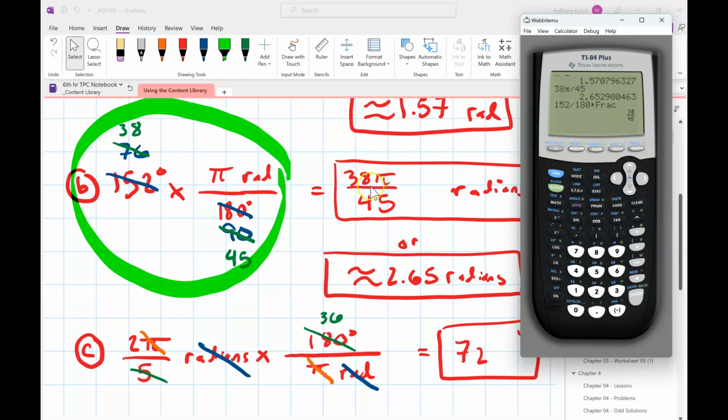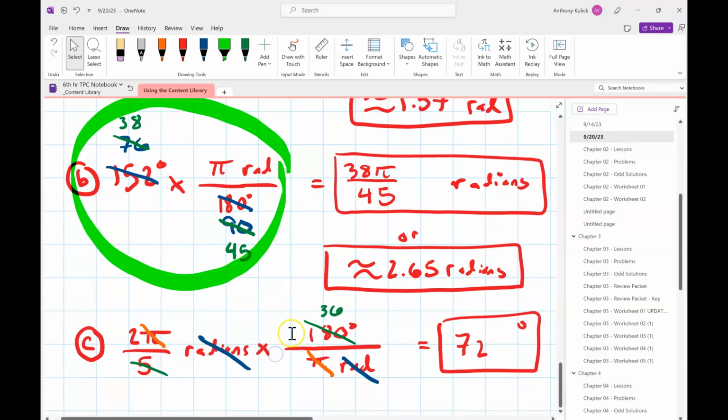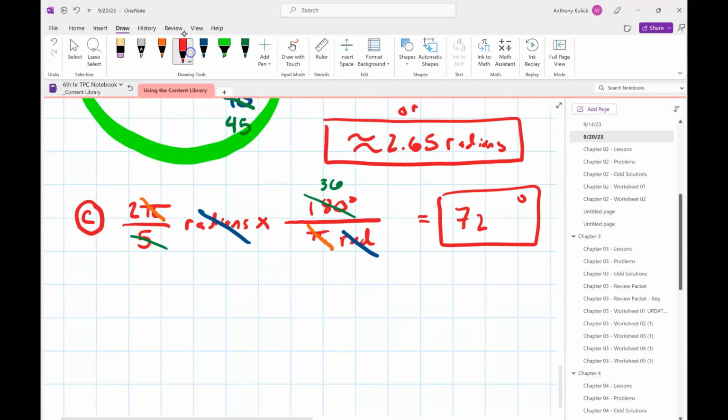And we can just write the pi next to it. You guys see that? You've used the calculator to reduce fractions before? Okay, just double checking. And obviously there's no decimal equivalent to 72 degrees. 72 degrees is the decimal already, right? We never write that in terms of pi.